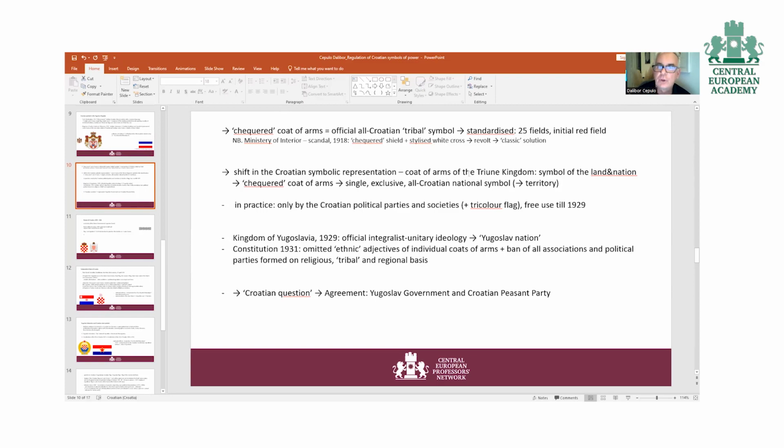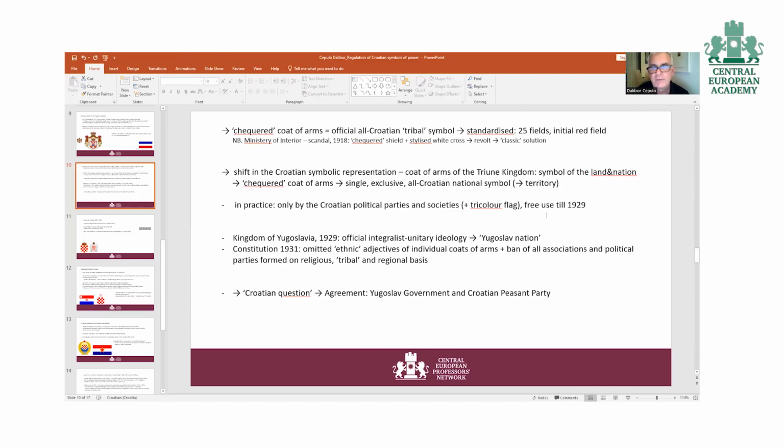So the former coat of arms of the Triune Kingdom, which was the coat of arms of the land and nation, was officially replaced by the checkered coat of arms as the single, exclusive, all-Croatian national symbol that also came to symbolize the respective territory in a certain interpretation.